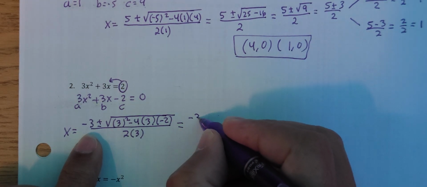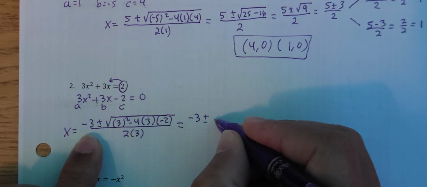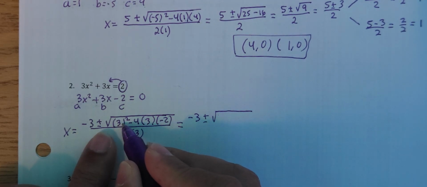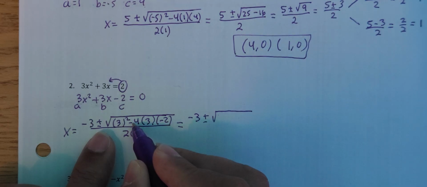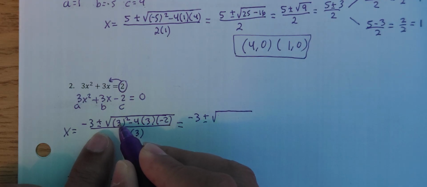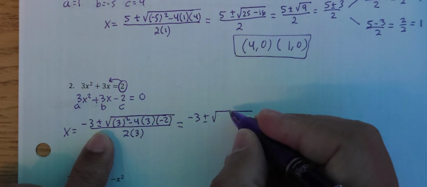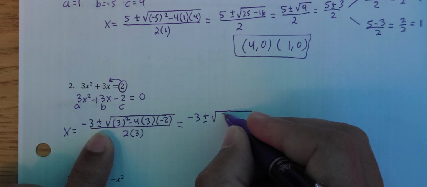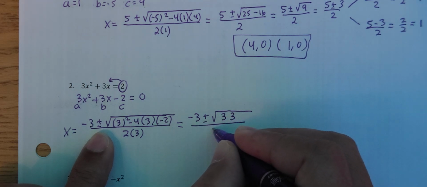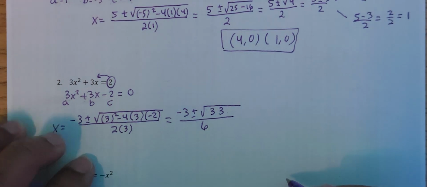So we have -3 plus or minus square root of, okay, 3 squared is 9, right? And this is -4 times 3, that's -12. -12 times -2, that's +24. So we have 9 plus 24. 9 plus 24 is 33, over 2 times 3, which is 6.